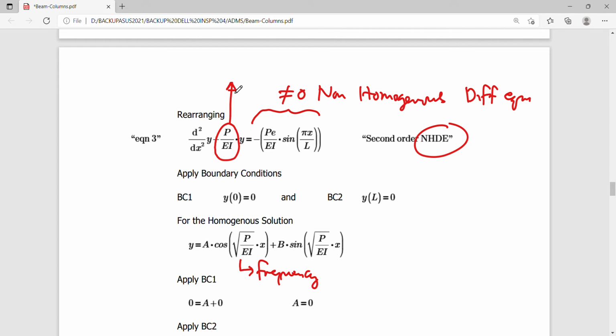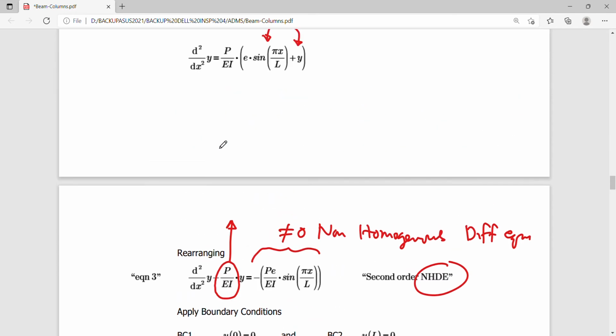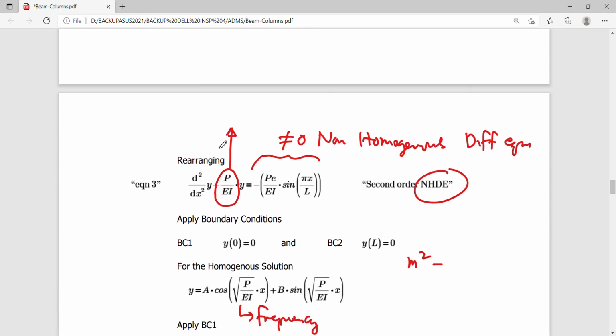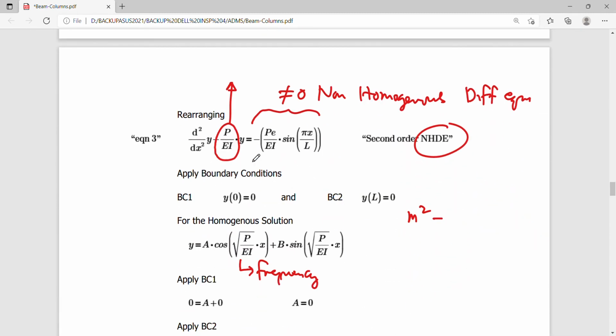Okay, so if we do the long method here, if you use the characteristic equation, you can just make use of the root. So this is a second order derivative, m squared minus p over EI equals 0.